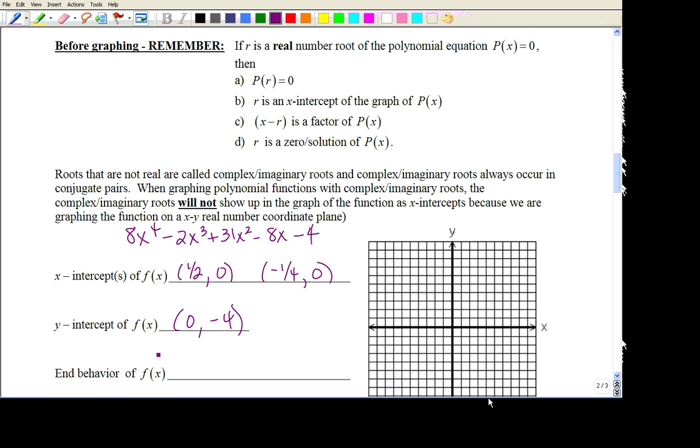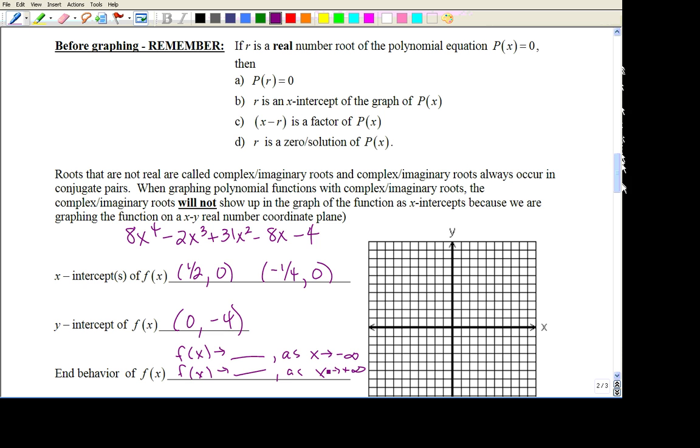The end behavior, we can already determine this: as x approaches -infinity, so as x is getting really, really small, we'll also determine what f of x is approaching as x is approaching positive infinity.